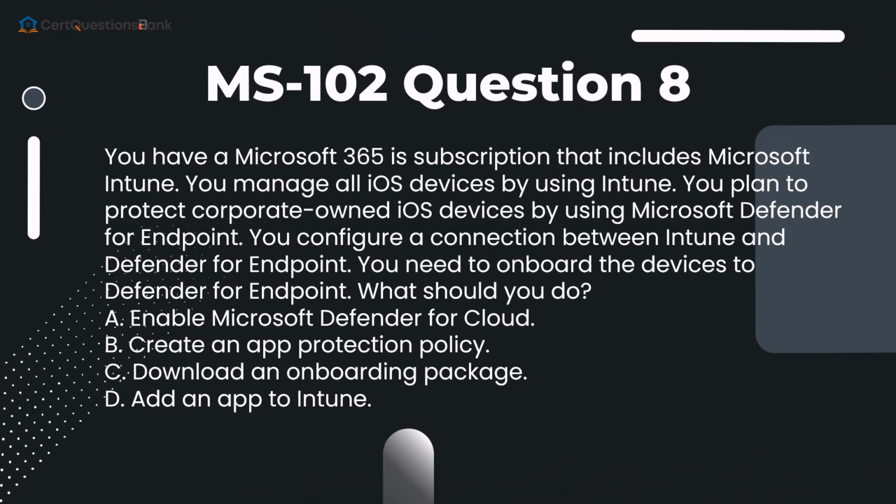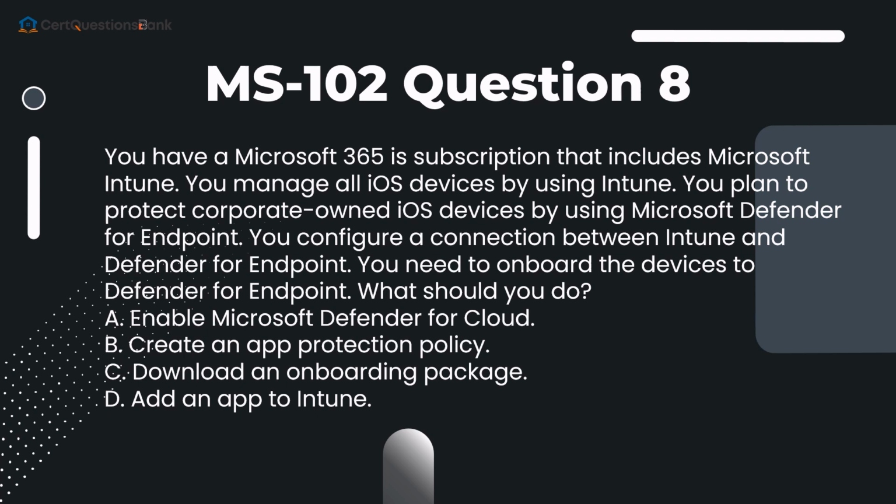You have a Microsoft 365 subscription that includes Microsoft Intune. You manage all iOS devices by using Intune. You plan to protect corporate-owned iOS devices by using Microsoft Defender for Endpoint. You configure a connection between Intune and Defender for Endpoint.